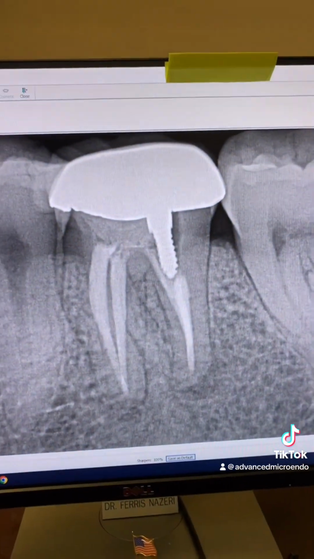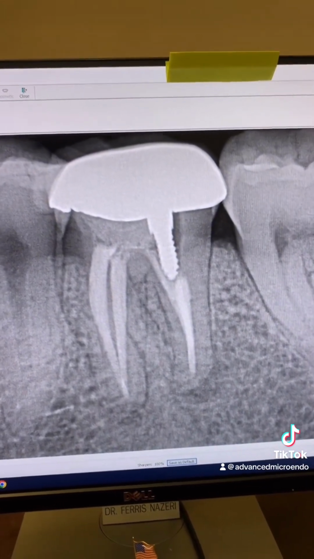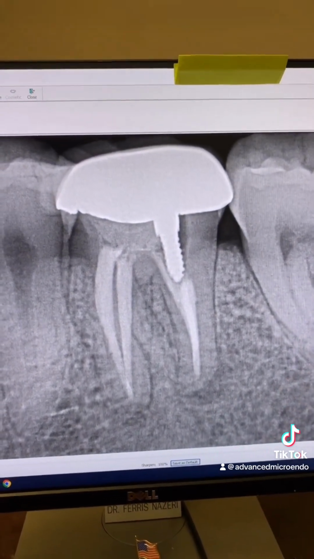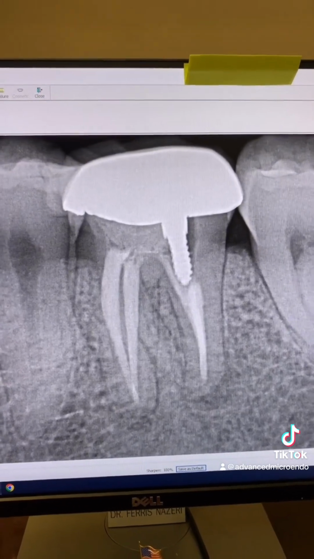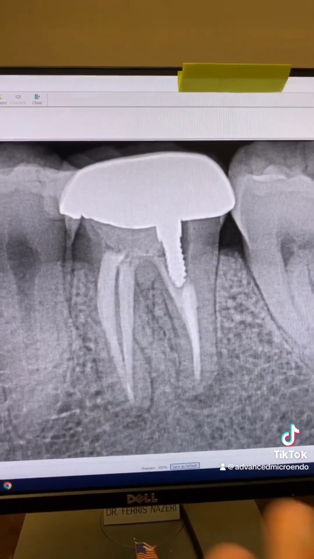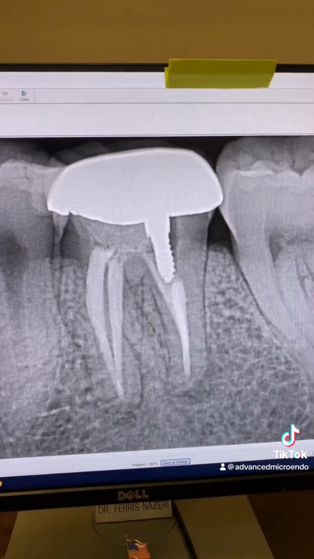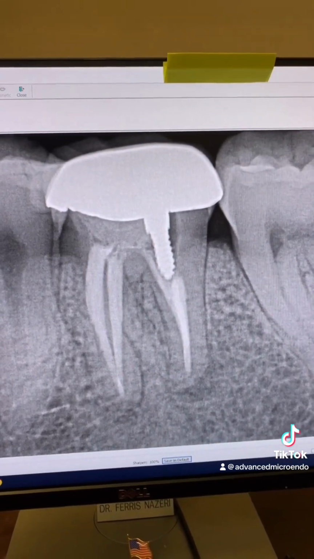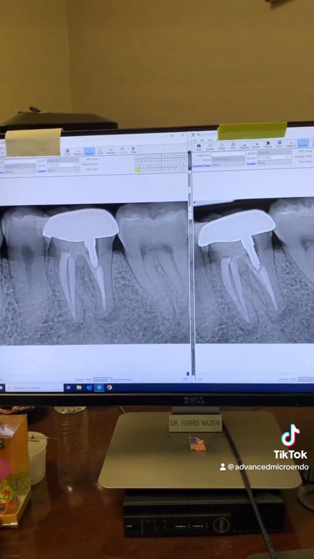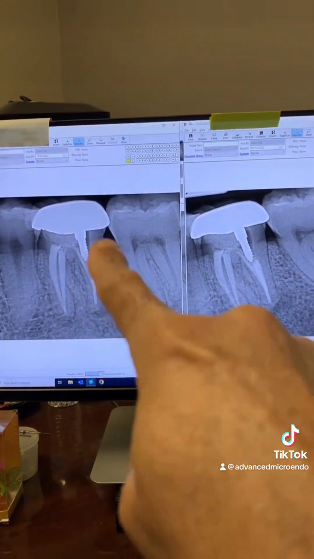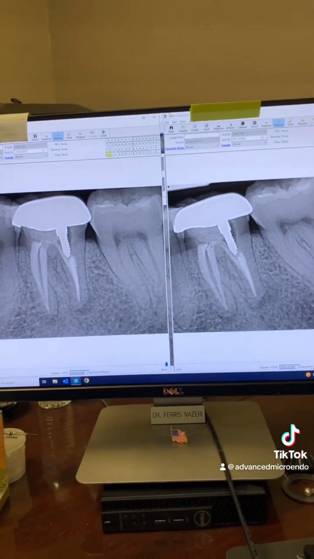All right, so she came back yesterday, so I can take a look at the tooth again. So let me put the radiographs next to each other, this radiograph and the radiograph that we took yesterday. All right, so now take a look. So this was a year ago, and this was yesterday.